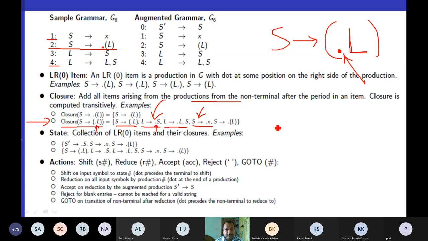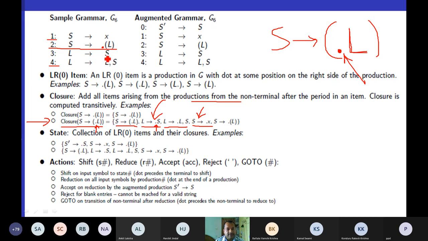This is very important because the states will be computed based upon this. It's pretty simple also. You just need to follow the dot. If the dot is on the left hand side of any non-terminal, then all the productions of that non-terminal will also be added as part of this.